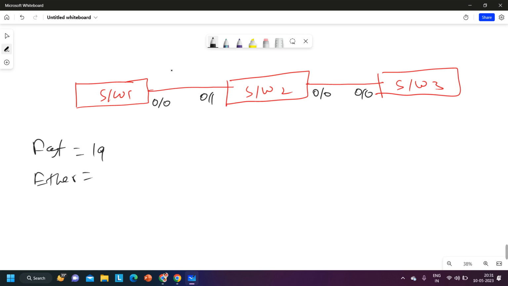On an Ethernet link, can anyone tell me the cost? 100. Very good, right? That means the cost is inversely proportional to bandwidth. If bandwidth is high, we get the least cost. If bandwidth is low, the cost is higher. But there is no formula to calculate the cost.